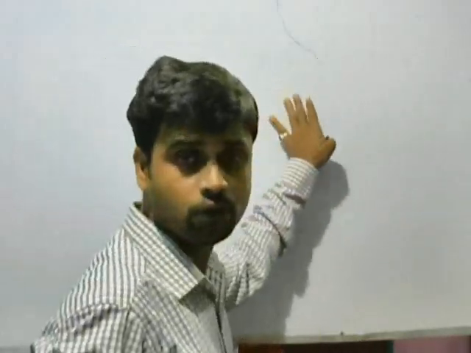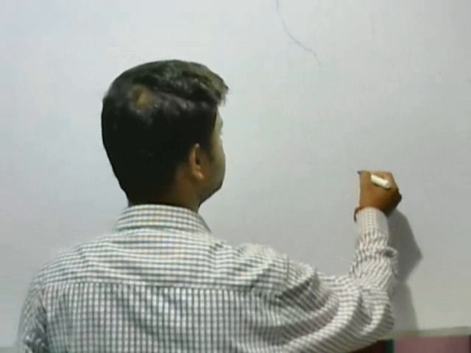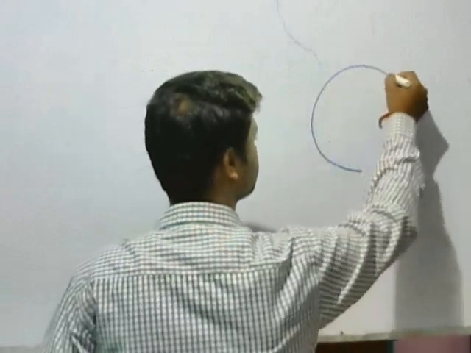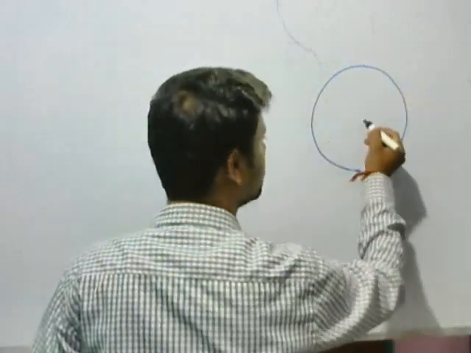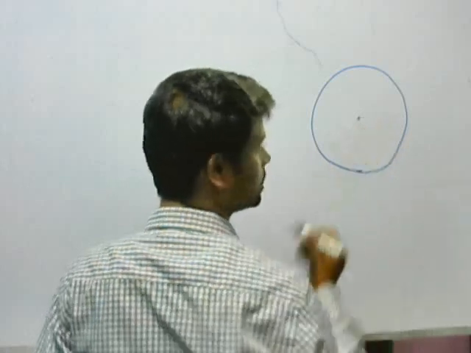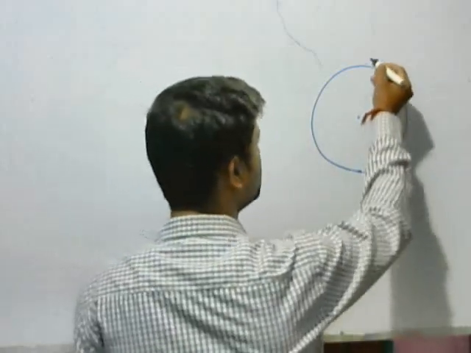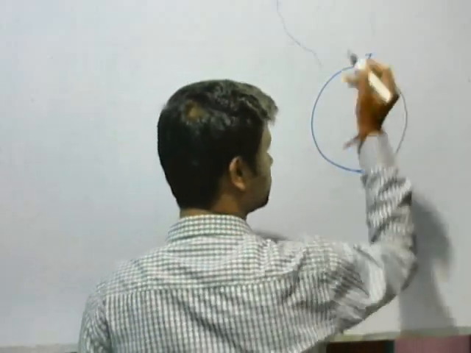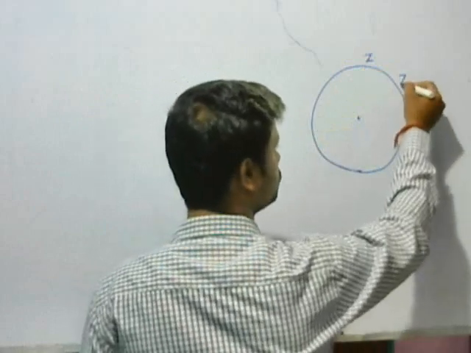Students, in the previous class, I discussed the distance of closest approach or size of the nucleus. I told you that suppose this is a nucleus and this is the center of the nucleus and the atomic number of the nucleus is Z. So the charge of the nucleus would be Ze.